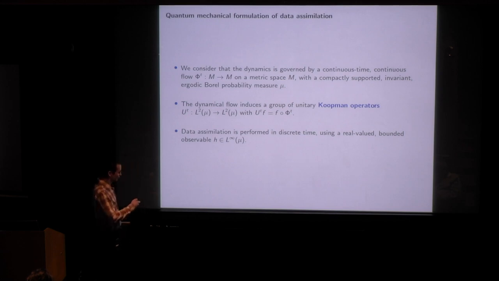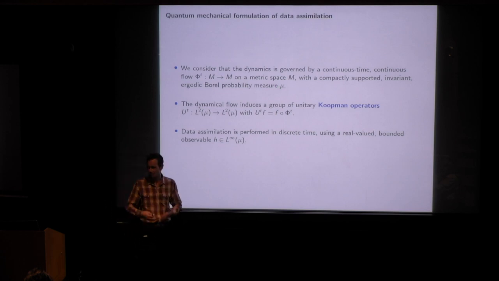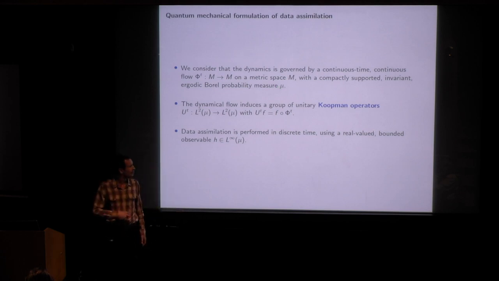So on our state space, we have some dynamical evolution map that you can think of as the solutions of your ODEs, if that's what you're dealing with. This is in general a nonlinear object. But for this system, we can identify naturally a Hilbert space if the system is measure preserving. So there is some notion of statistical equilibrium.